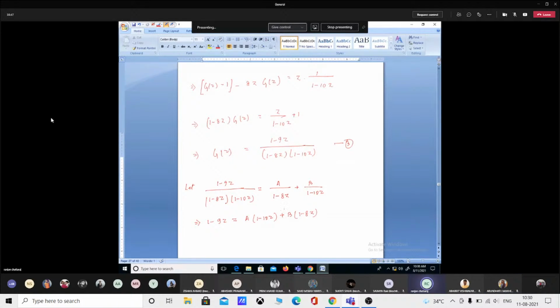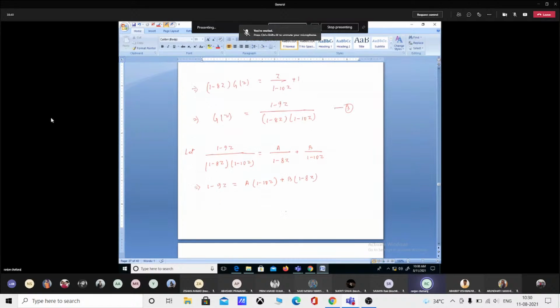Now find the values of A and B. How do you get the value of A? By putting z equal to 1 by 8. And to find the value of B, we put z equal to 1 by 10. So find the values of A and B.